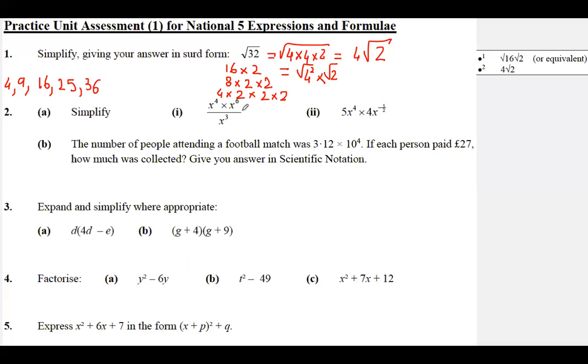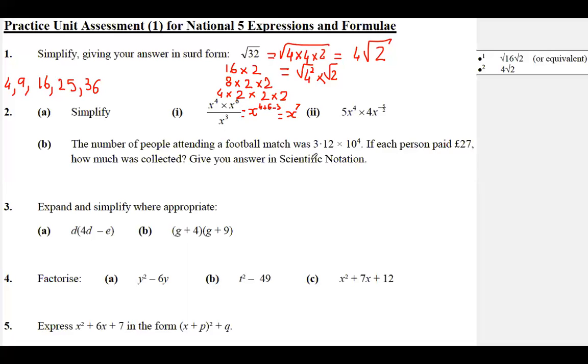So basically this would be x to the power 4 plus 6 minus 3. So 4 plus 6 is 10, 10 minus 3 is 7. So your answer should be x to the power of 7.